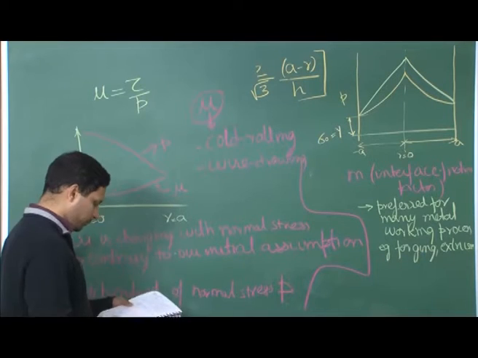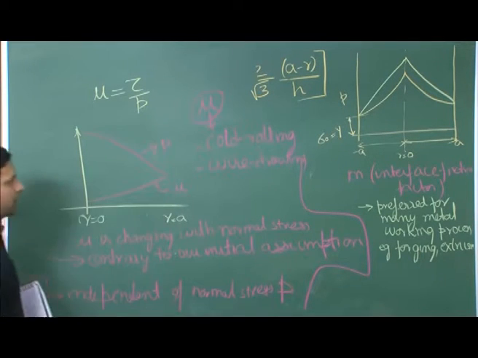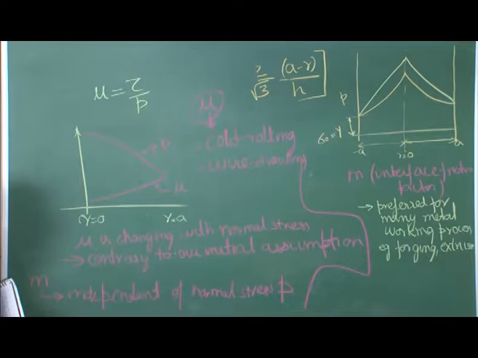Now, let us take an example. We have talked about M and we said that M is easy to obtain.